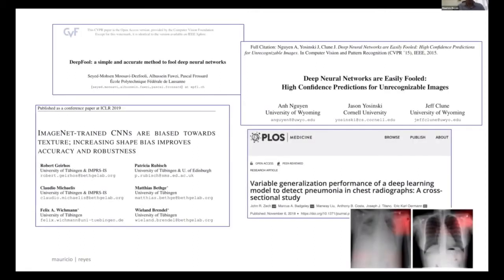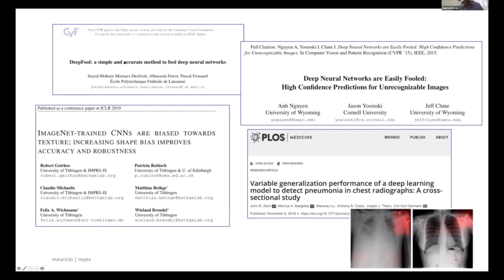Now, let me show you some papers that talk about the issues. This is where trust could be shaken, and where we need interpretability to work on these issues. For example, there are technologies called deep fooling. This is a deep learning architecture that's used to fool other systems, to produce perturbations that are really imperceptible to the human eye but can produce an error in a deep learning machine.